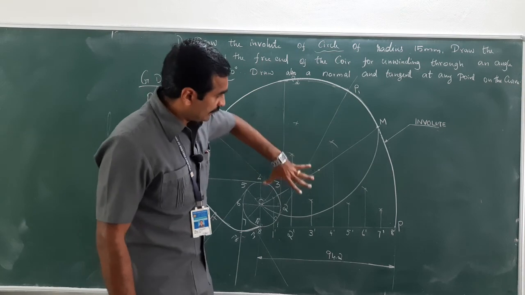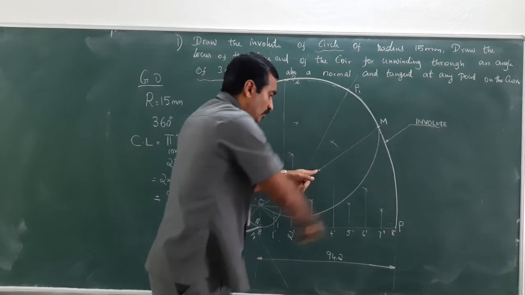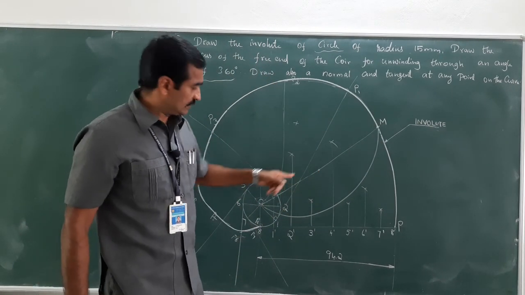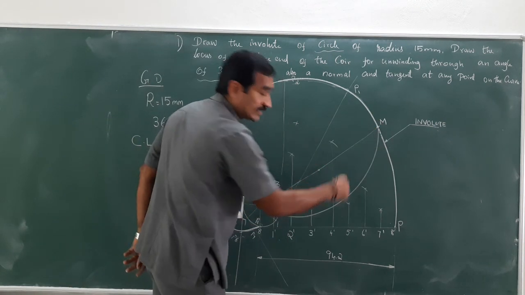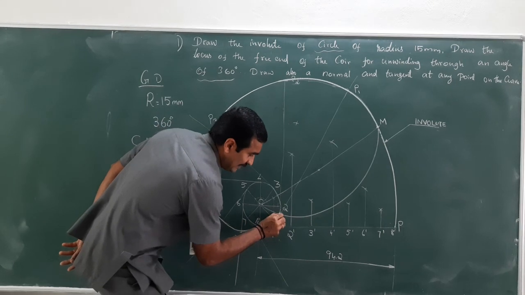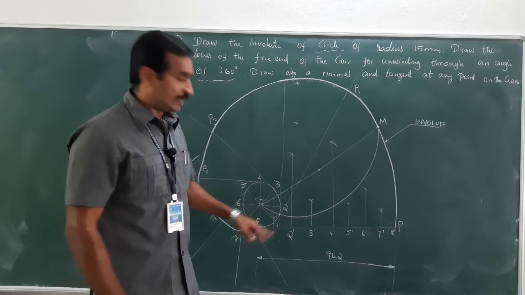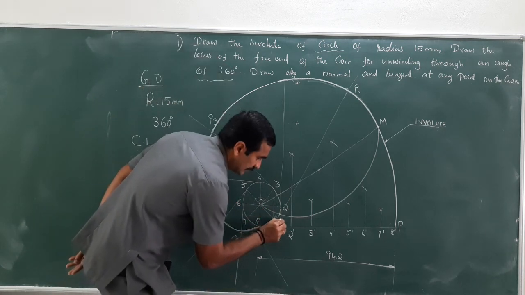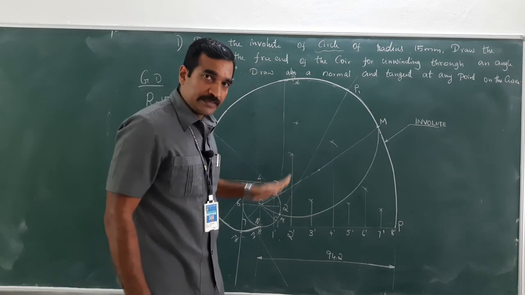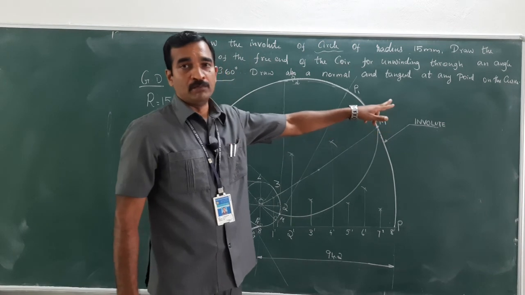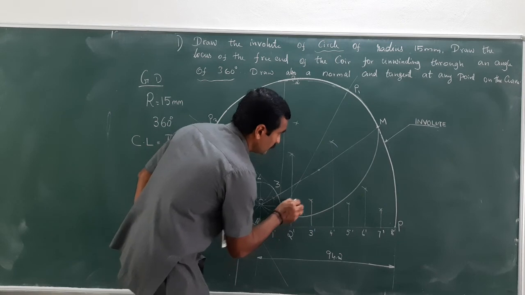Keeping at midpoint, draw a semicircle which meets the center of the circle, right? While drawing the semicircle, you would have noticed some intersection, this semicircle intersected this circle. This point is M1, right? Now join the point M1 and M. Line M1 and M. Connect it.